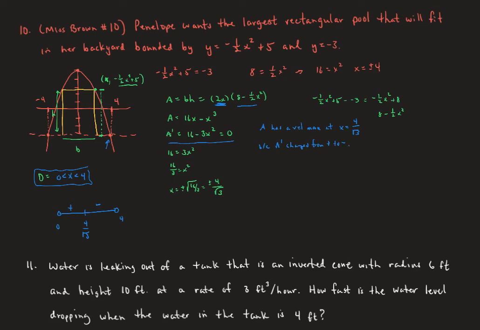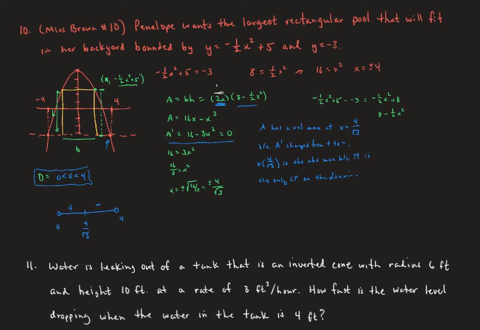A of 4 over square root of 3 is the maximum, or the absolute maximum, because it is the only critical point on the domain. So we have made our argument, and if we need our dimensions, then we need to say that our base is going to be right here.